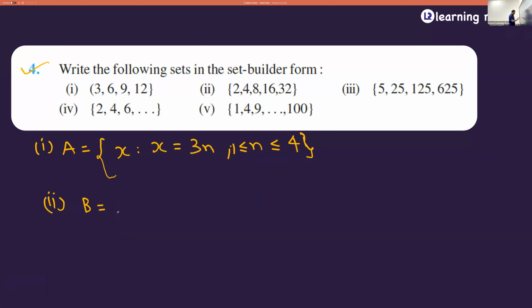I'll write it from the beginning. So for the second one, let me take B is equal to x such that x is equal to 2 power n, where n is greater than or equal to 1, less than or equal to 5. Right. What about the third one?